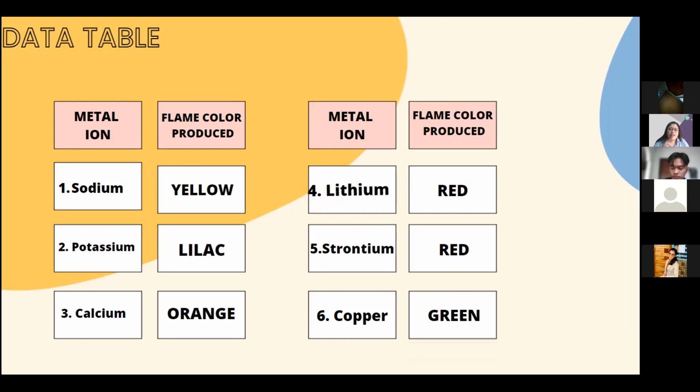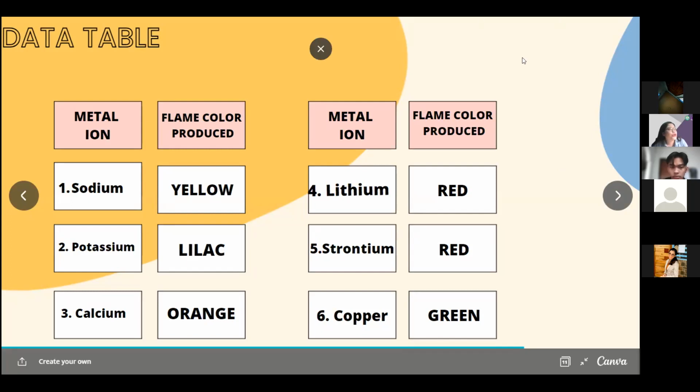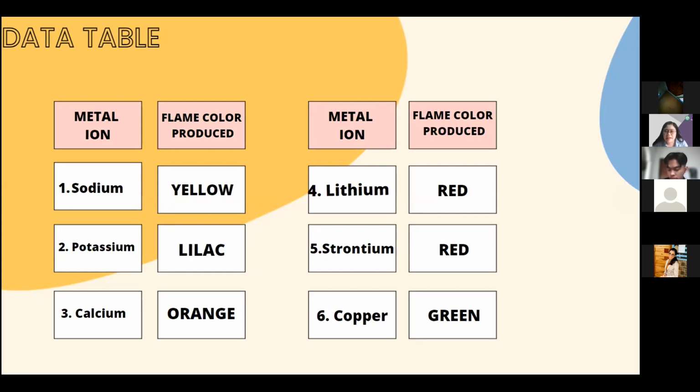So yan yung shade niya sa red kasi lithium and strontium are also red but different din yung kanilang shade. I think lithium is more of a crimson red if I'm not mistaken. Different shade kasi basta however red silang lahat. And strontium, or baliktad, the lithium is the bright red, as in bright talaga yung color niya, and then the strontium is the carmine red if I'm not mistaken also, and then copper is green.